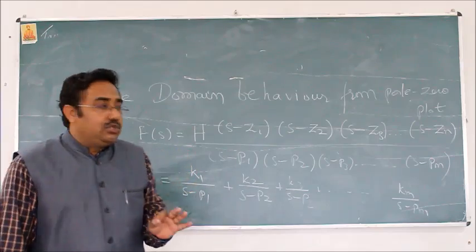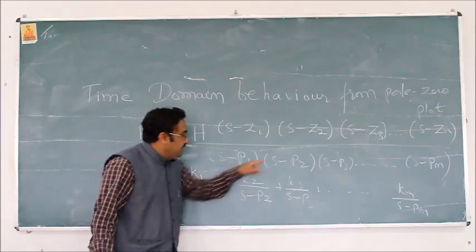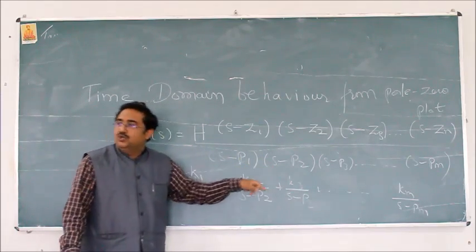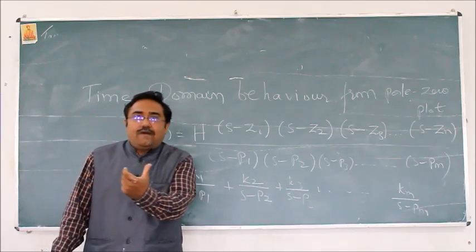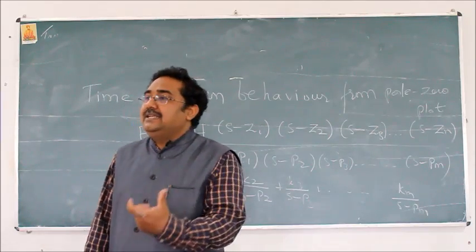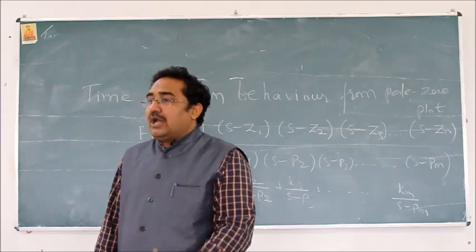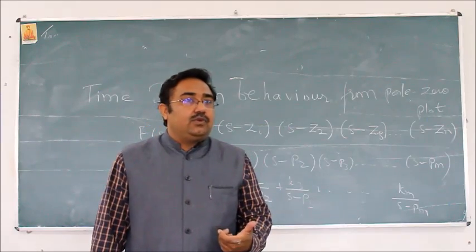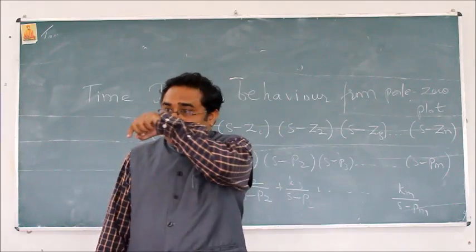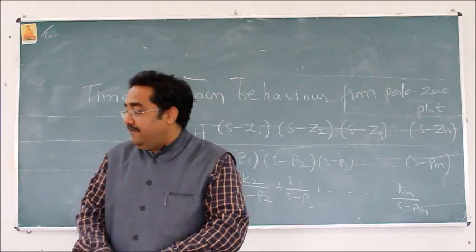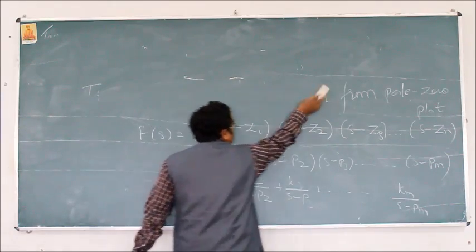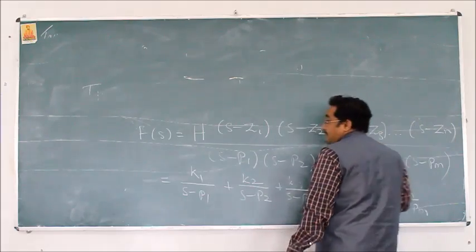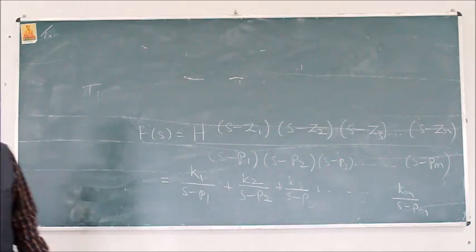The zeros play a role in deciding the coefficients, the residues. But the nature of the time domain behavior is decided by the poles. So I will give you a generalized picture of how poles affect the time domain behavior. Generalized picture means we have an S-plane.